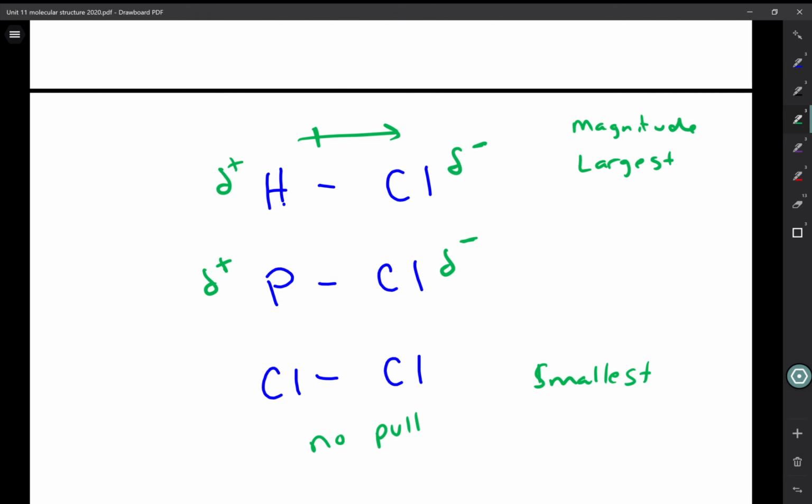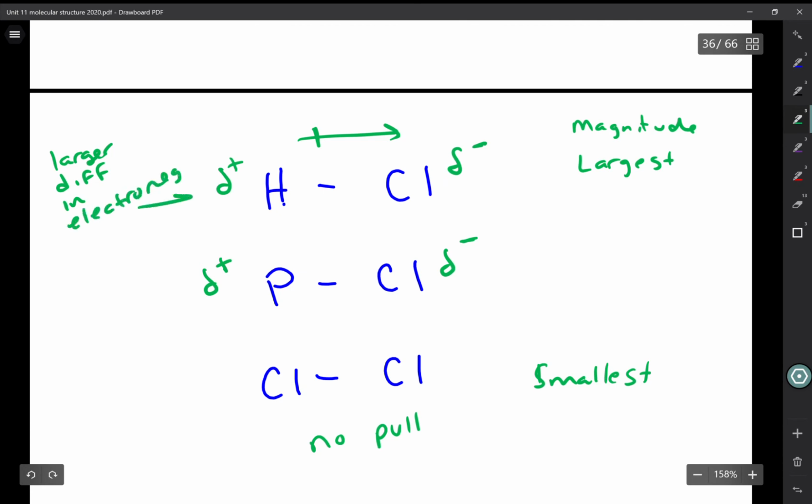That's because there's a larger difference in electronegativity for this one here. Hydrogen's on the far left of the periodic table, chlorine's on the far right. So typically, that's how you figure out the differences in electronegativity.